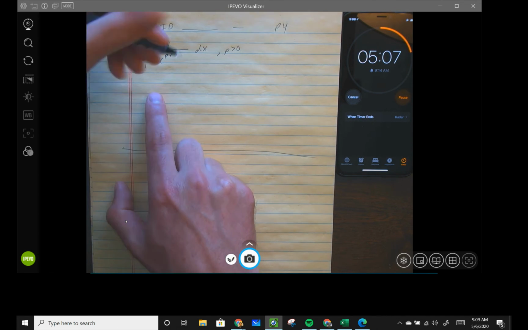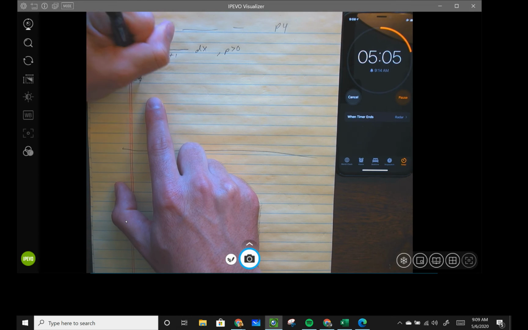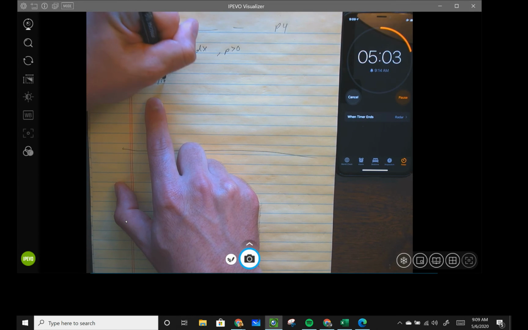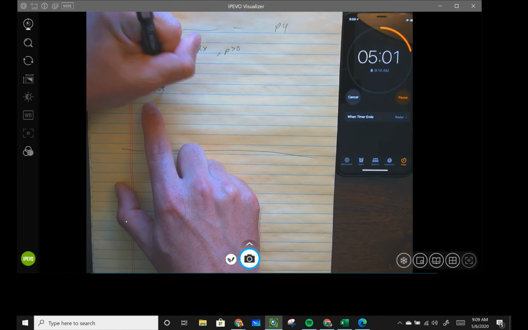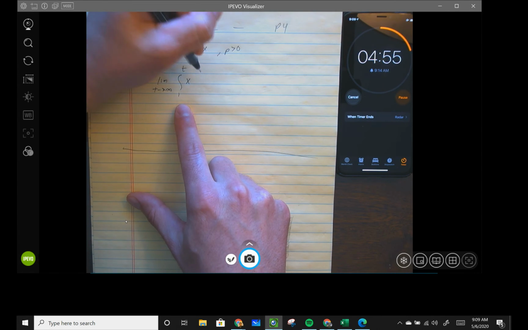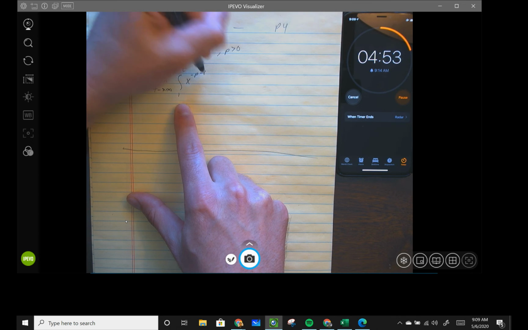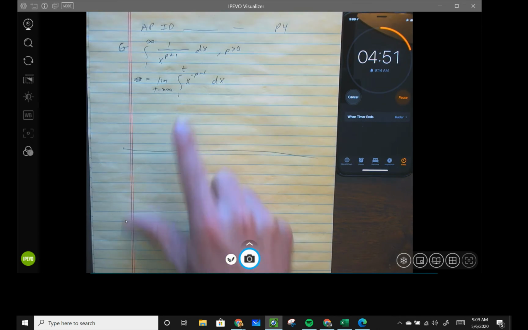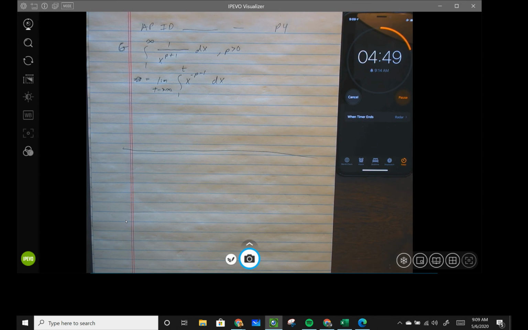So this is now equal to the limit as t goes to infinity of the integral from 1 to t of x to the negative p minus 1. If you just bring the exponent up, I think, yeah, you're just going to negate it. Okay.